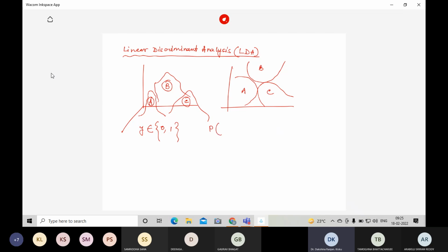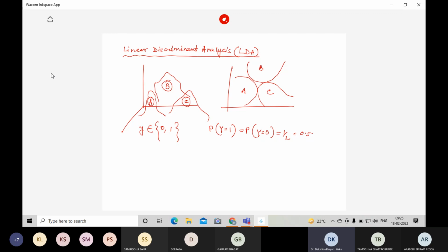According to the first assumption, we can write probability of y equals 1 equals probability of y equals 0 equals half. The probability of each class density is equal. If we add these two probabilities, we get 1.